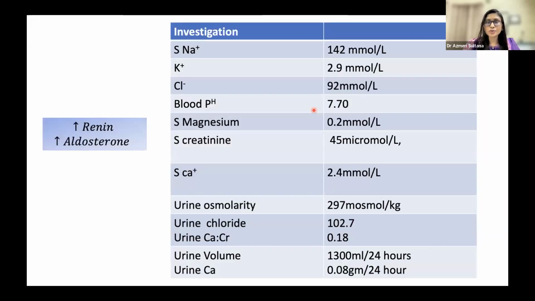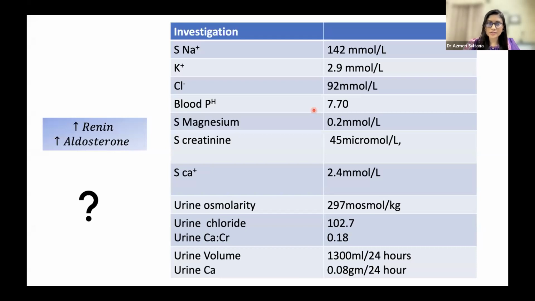Her blood report shows severe hypokalemia, hypochloremia, and metabolic alkalosis. Serum magnesium is very low at 0.2 millimole per liter. Her renal function is normal, and the urine calcium creatinine ratio is normal. Urine volume is a little higher. Her blood renin and aldosterone are at higher levels.